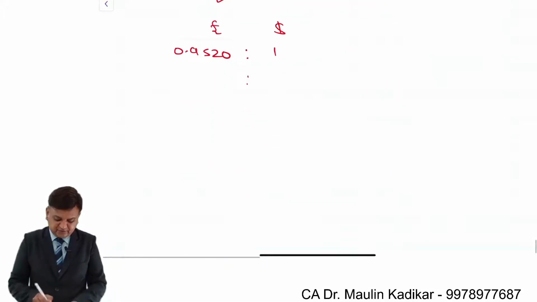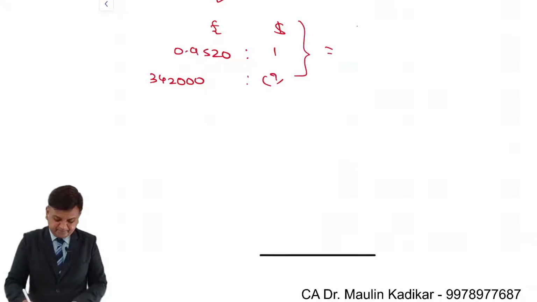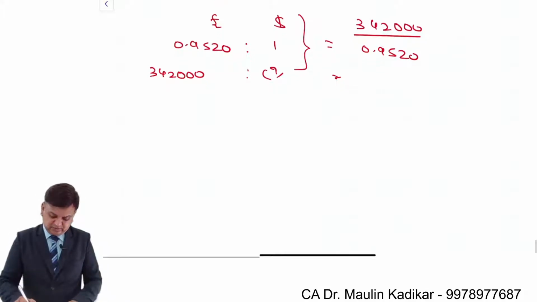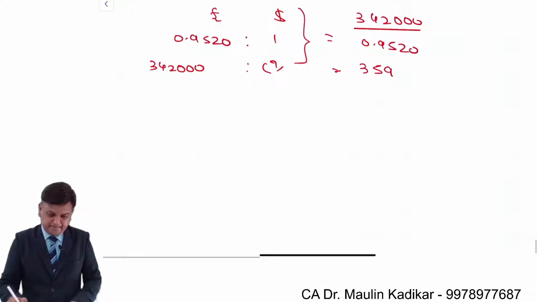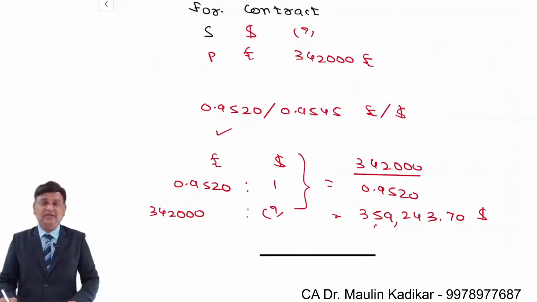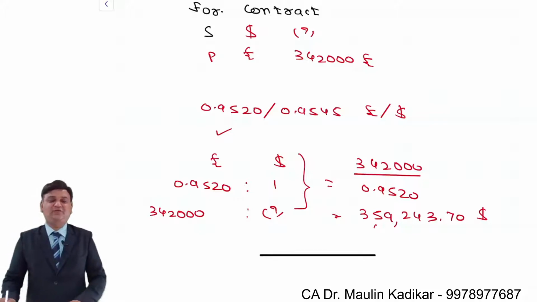So for 3,42,000 pounds, it is this amount of dollars. So 3,42,000 divided by 0.9520. The answer comes to 3,59,243.70. This is the amount of dollars to be paid if you enter into the 3 months forward contract.